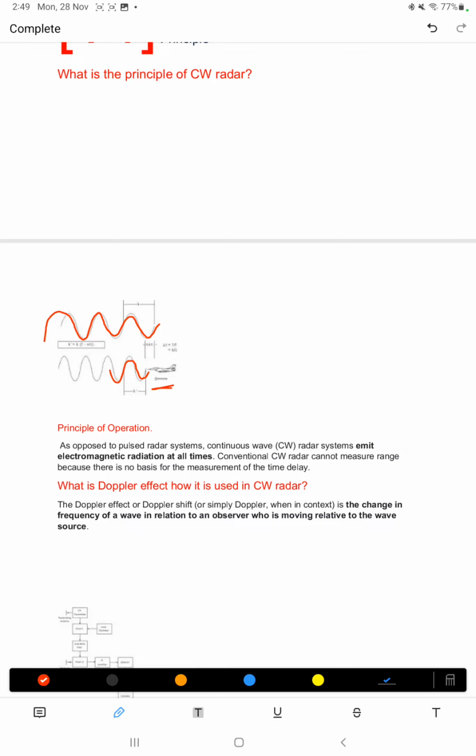After that it sends echo signals back to the radar. Here this delay time can't be measured with a conventional continuous wave radar. So for the measurement of time delay, how is the Doppler effect used in this radar?